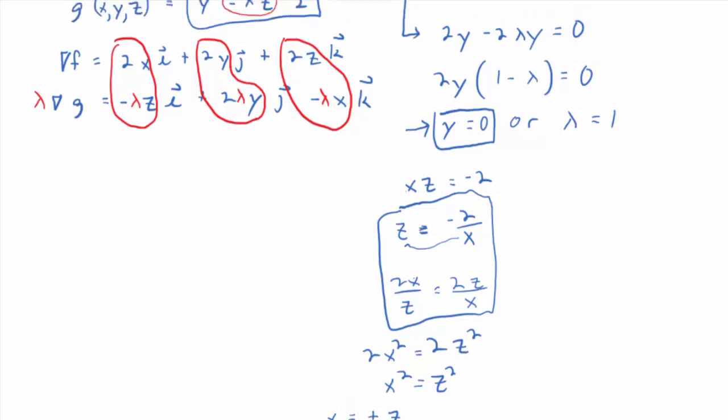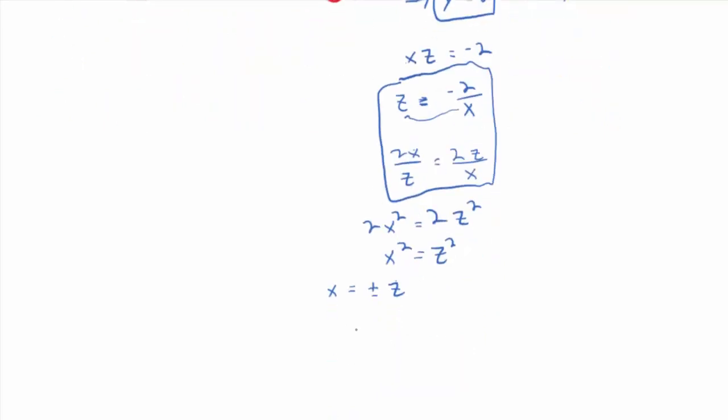So that means if x is equal to plus z, then we get z squared equals negative 2, right? Is that going to work? Is z squared going to equal negative 2? No. So we could throw that one out.